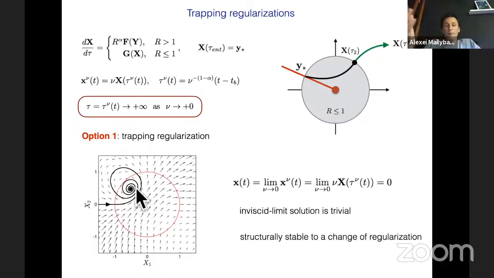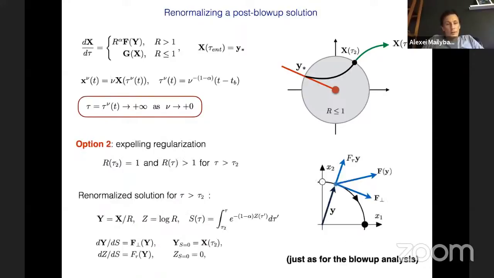It means that they remain attractors, and this means that you don't need to know this regularization exactly. So even changing the regularization, it still will give you the trivial choice of the solution. So the trivial choice is one of the choices which can also be robust.